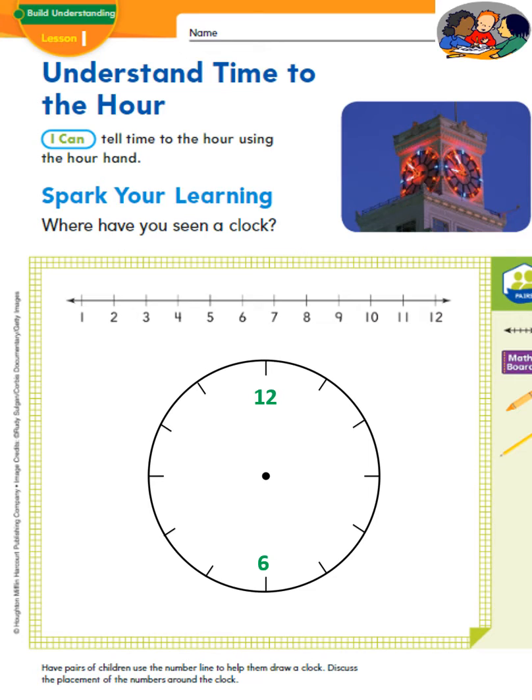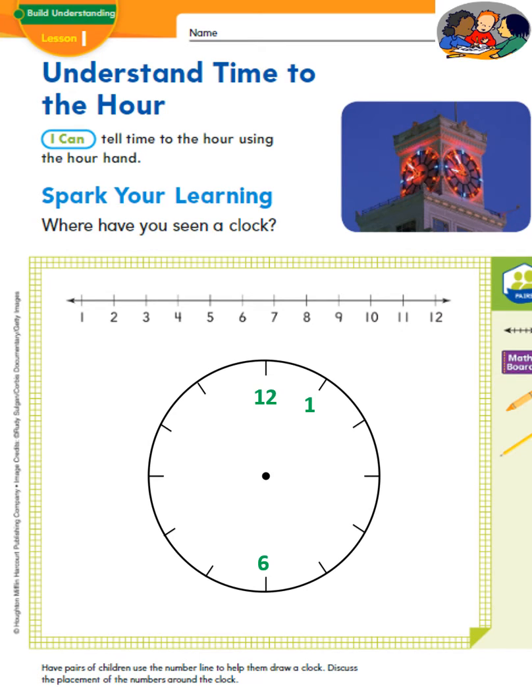So we might have to put in our next number by seeing what number came first. Look at your number line. What number comes first? It's number 1, of course. So for number 1, we will fill in our clock by placing the 1 next to the 12, because after 12, it looks like we need to start over.